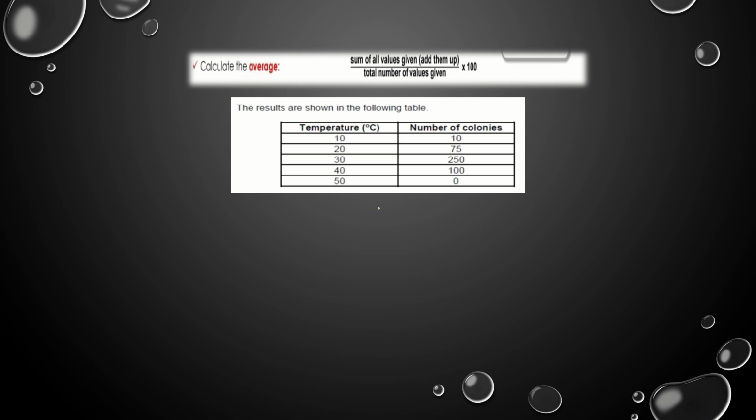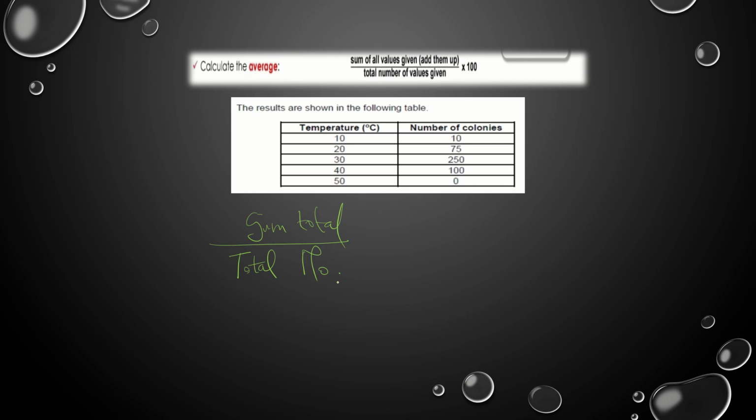Then average. When we calculate the average, what I always say is sum total, this is my lamest English so that I can understand, and the total number.